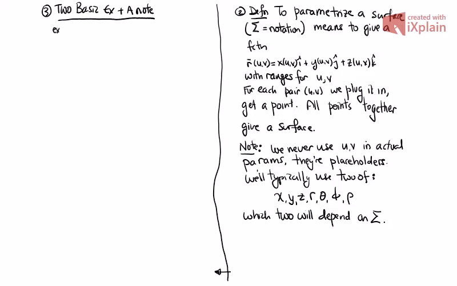So for the first example, the surface is going to be a small rectangle. So it's like a plane, but it doesn't go on forever. It's really just like this finite rectangle right here. We're going to put that sort of cornered up on the z-axis.